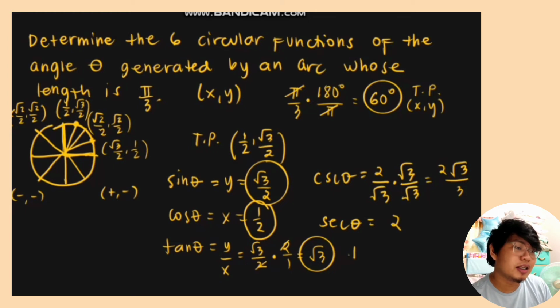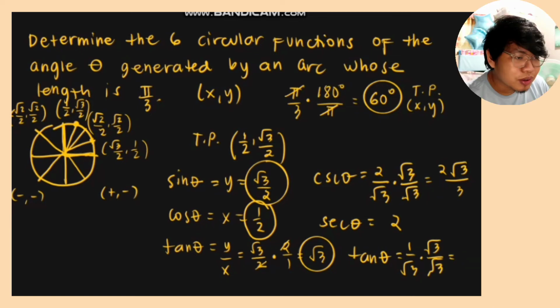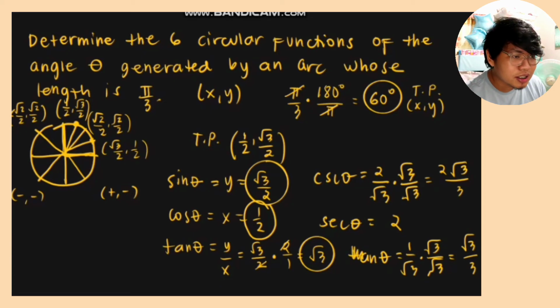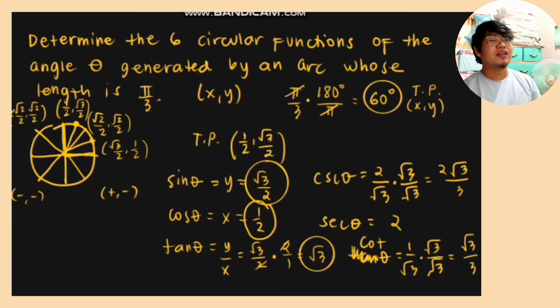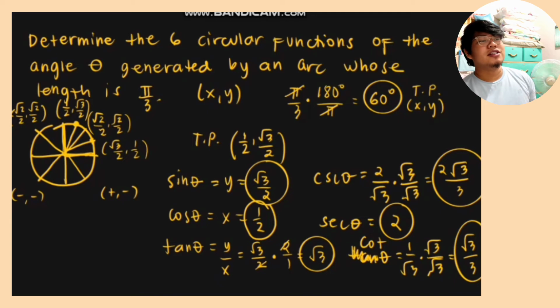And then cotangent theta, reciprocal of square root of 3 is 1 over square root of 3. We multiply both by square root of 3 over square root of 3. So, the value is square root of 3 over 3. Okay, so 1, 2, 3, we have the 4th, the 5th, and the 6th circular function.